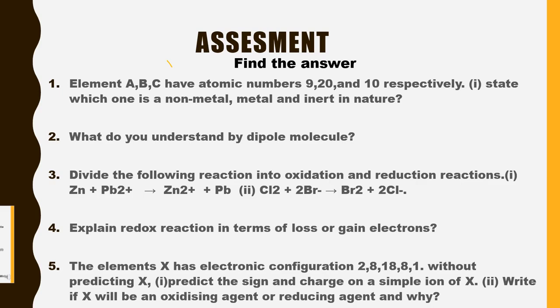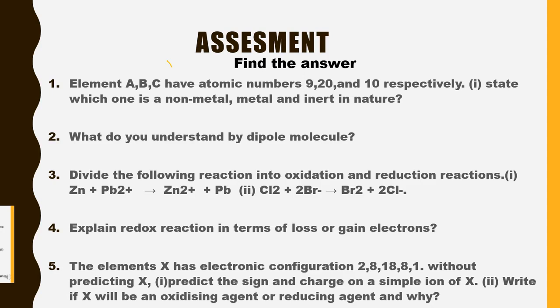Assessment for this class. Find the answers for these questions. First one, elements A, B, C have atomic numbers 9, 20 and 10 respectively. State which one is a non-metal, metal and inert in nature. Second, what do you understand by dipole molecule? Third, divide the following reaction into oxidation and reduction reactions.